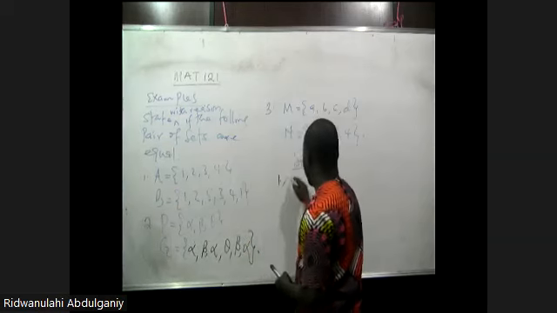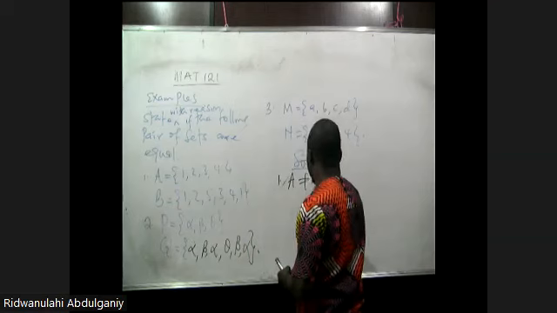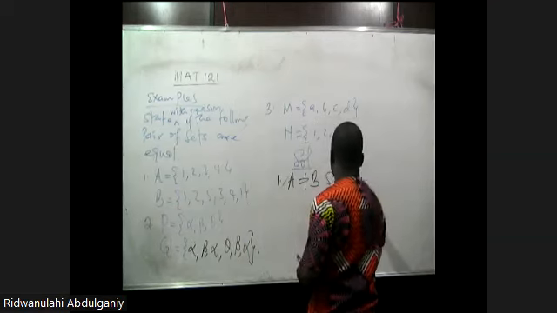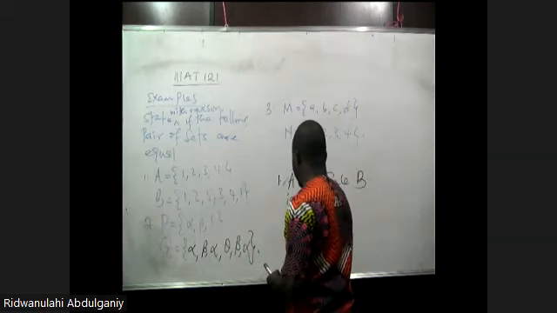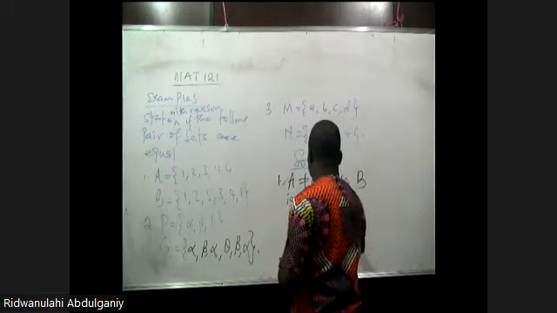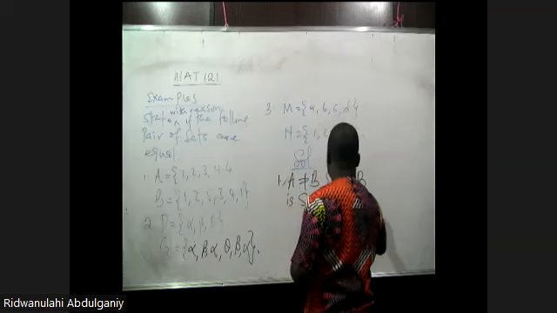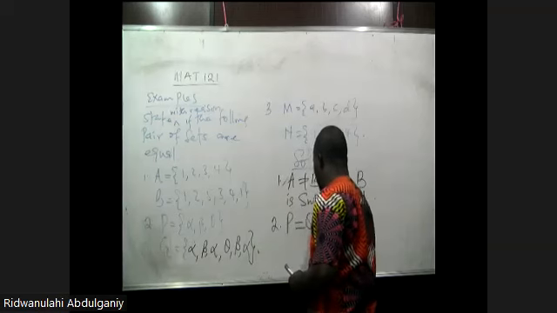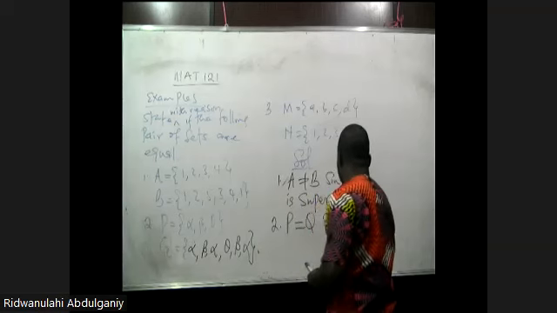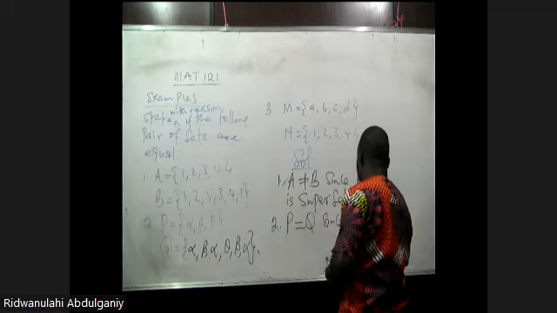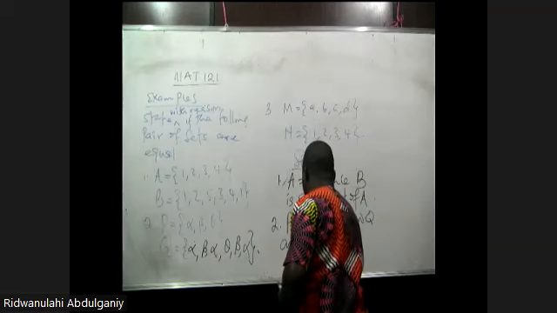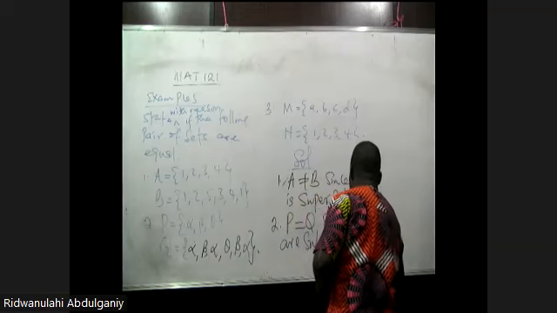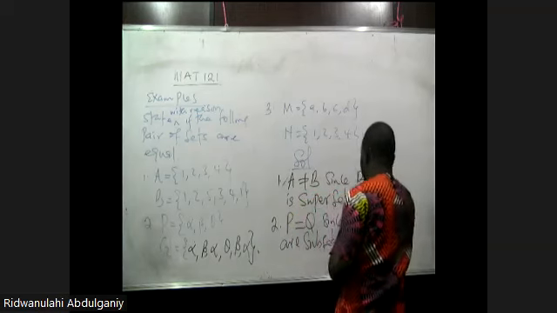Number 1: A is not equal to B since B is a superset of A. Number 2: P equals Q since P and Q are subsets of each other.